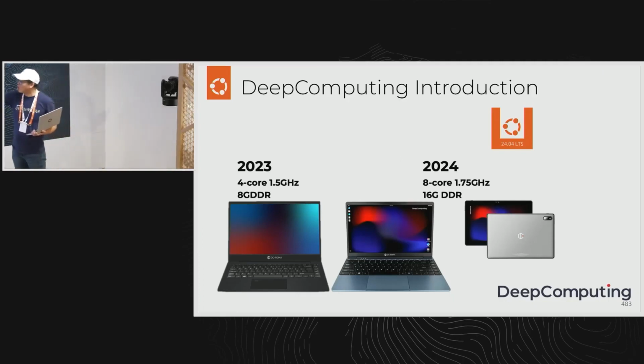The old 2023 4-core, I made my own laptop at that time, and then I refreshed it with an 8-core in 2024. They all run the 24.04 release. I find it very funny on RISC-V. At that time, the first generation running the first release was very slow.